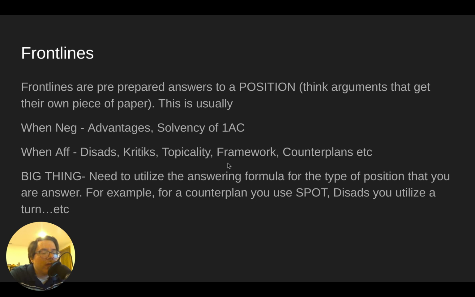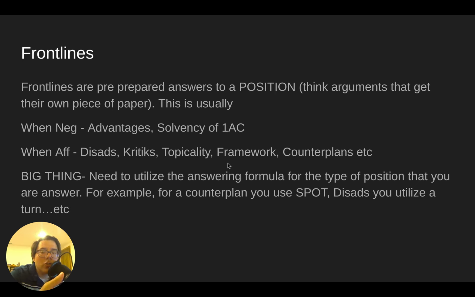The big thing here is that when you are creating a front line to a position, you are going to use the formula to answer it that is described in its particular video. For example, when you are looking at how do you answer a counterplan, you should use the spot method.